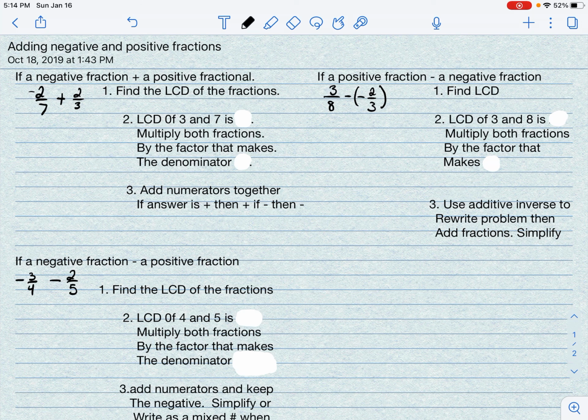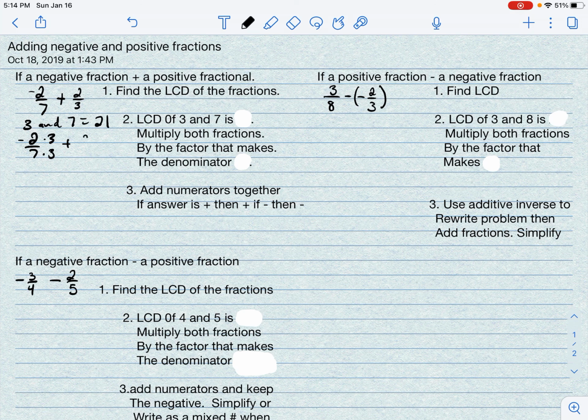So we find the least common denominator of the fractions. The least common denominator of 3 and 7 would be 21. Okay, so now this becomes negative 2 times 3, and this is 7 times 3.